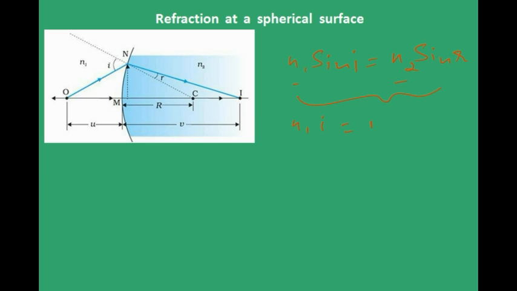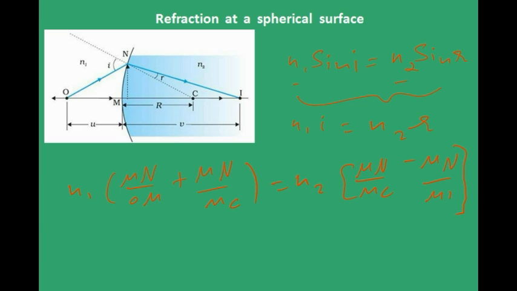N1 I is N2 R. Now I know what is I from the previous equation. I'll write it as MN by OM plus MN by MC. That is equal to N2 of R, which will be MN by MC minus MN by MI.